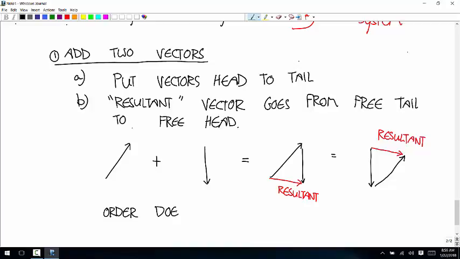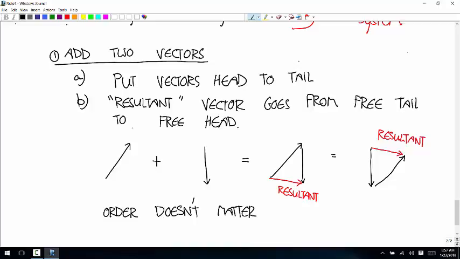How would you say that in your college admission interview? I would say commutative, right? Order doesn't matter.